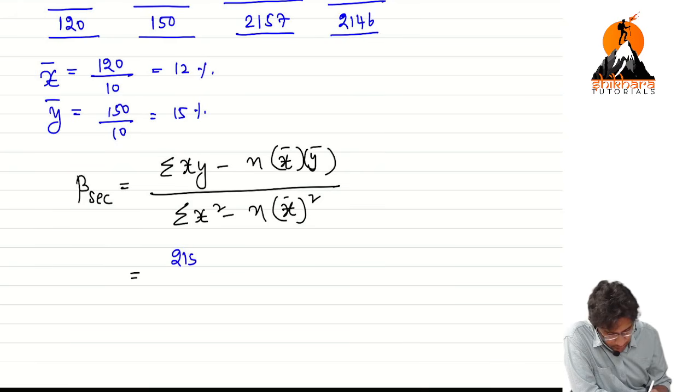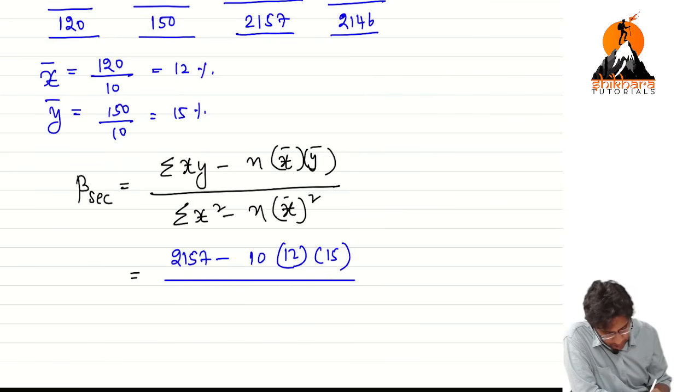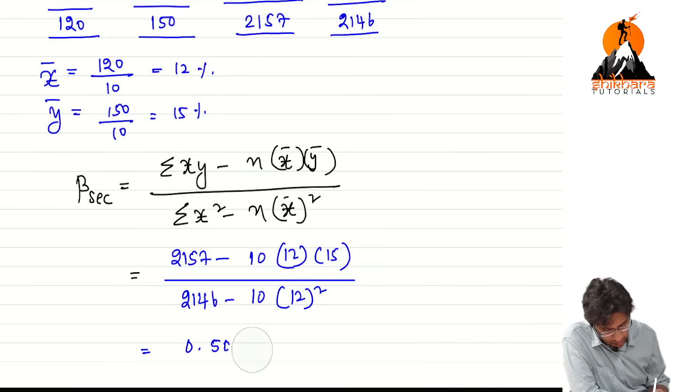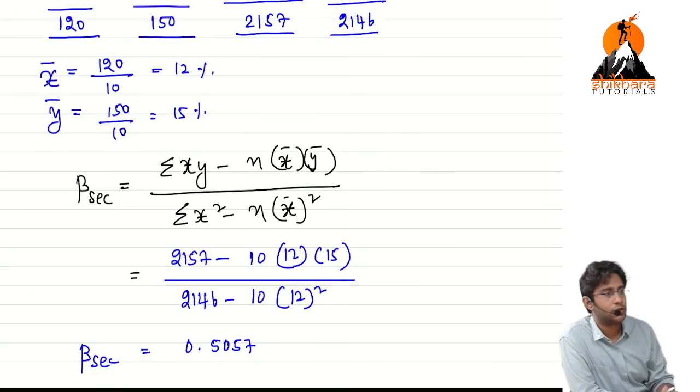Okay, fine. 2157 minus 10 into 12 into 15, divided by 2146 minus 10 into 12 whole square. So guys, this is your beta.